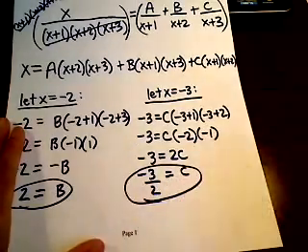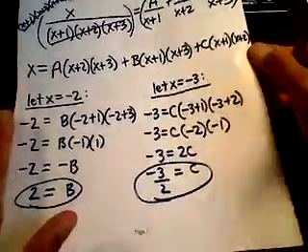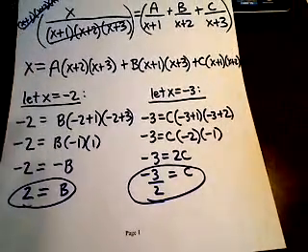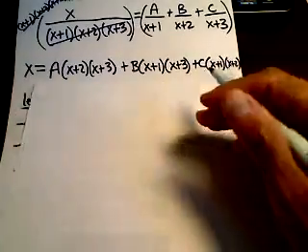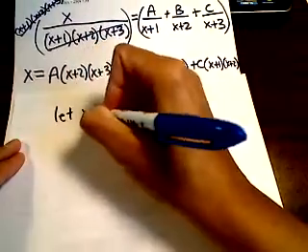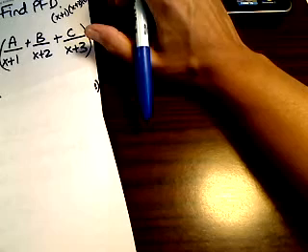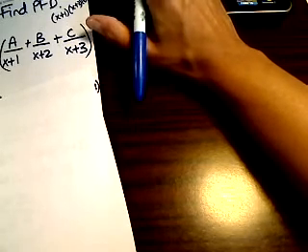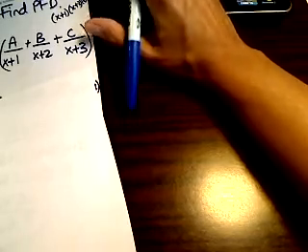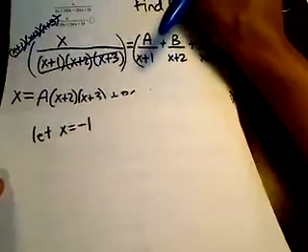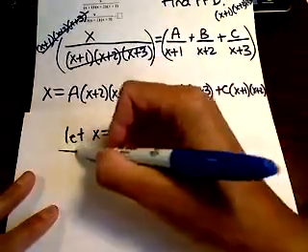Okay? All right, and we also should let x equal -1. That's going to allow us to solve for A. Hold on, my computer's doing something weird. Anyways, okay, so let's let x equal -1.